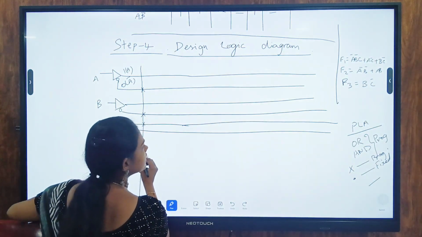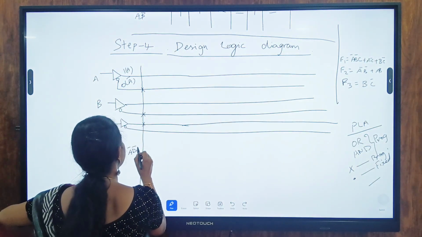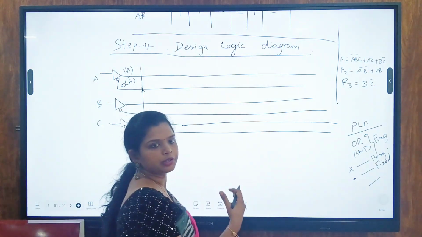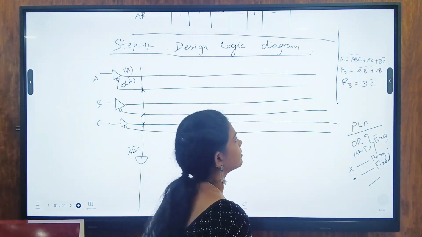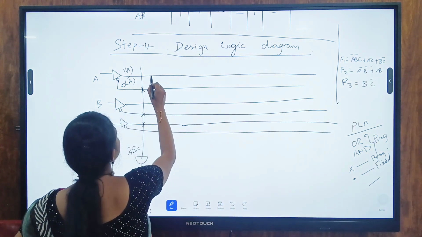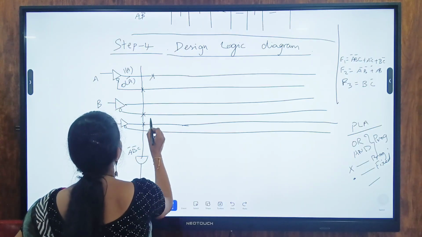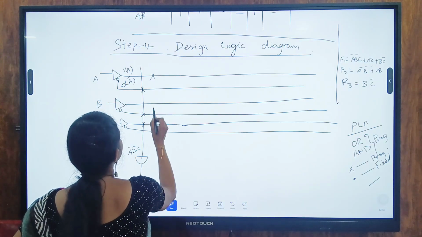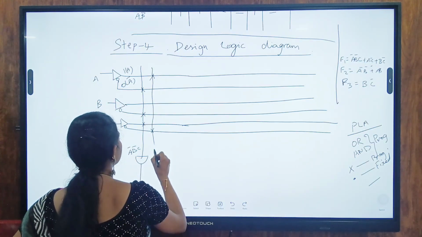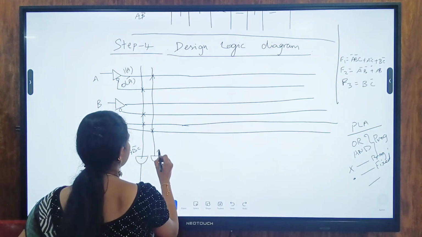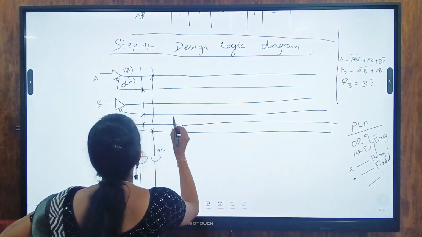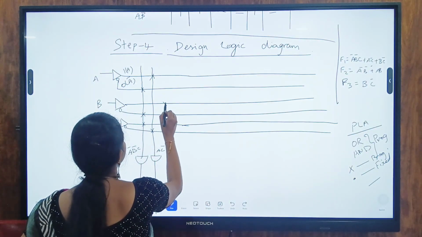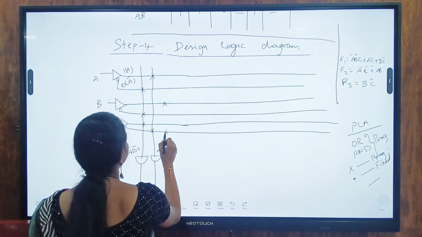Likewise, I am going to plot the rest of the product terms: A, C bar, and then B, C bar.